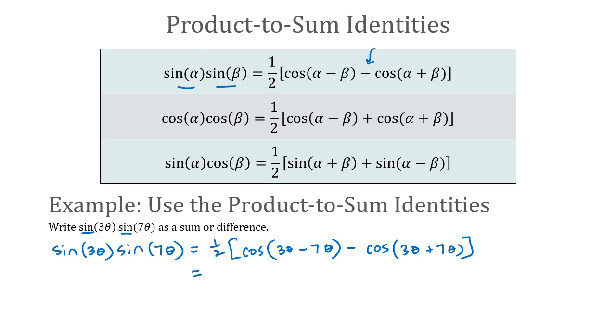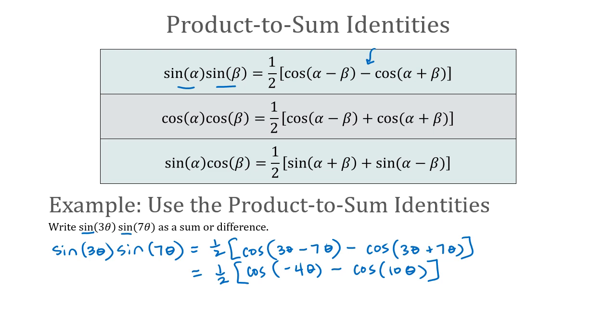All that we're expected to do is simplify as much as we can. Sometimes there's not a lot of simplification, and I think that may be the case here. Let's see how far we can get. I'll have 1/2 times the quantity, and 3 theta minus 7 theta is negative 4 theta, and 3 theta plus 7 theta is 10 theta. Is there anything else I can do?